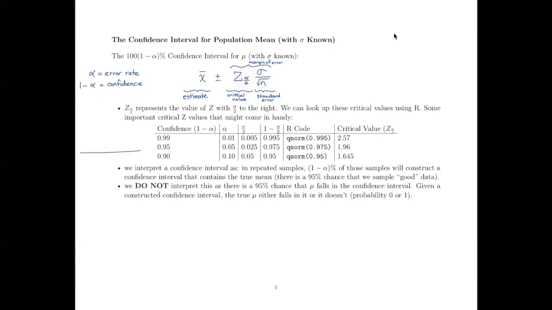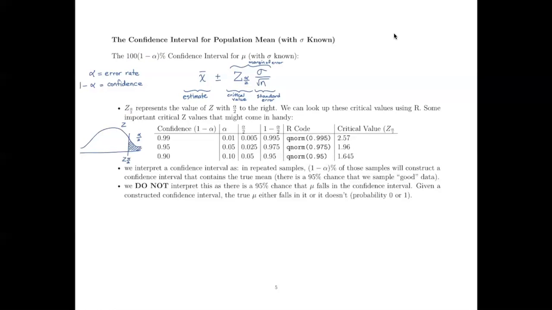So here's our standard normal distribution, our z distribution. It's a normal distribution with mean 0 and a standard deviation of 1. And we're looking for the value here where this area to the right is alpha over 2. And so the value that falls here, that's the value that we're sort of interested in.